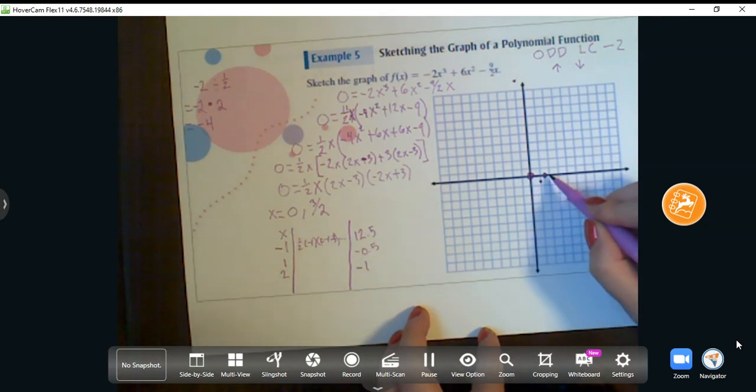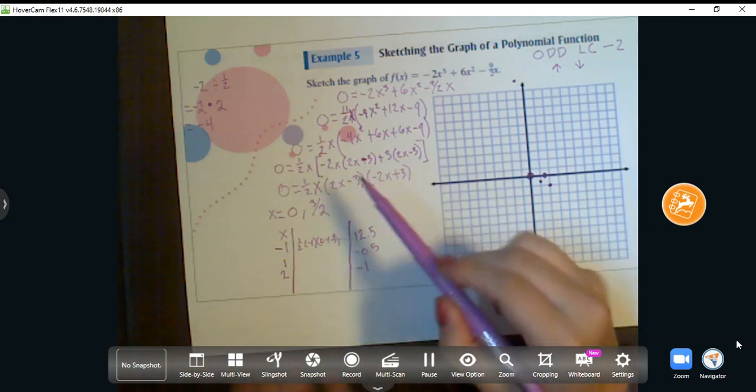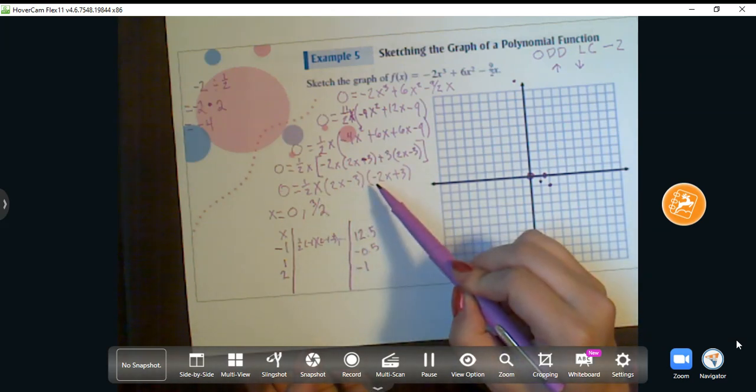And then 2, -1. Now, the other thing that we need to take into account are multiplicities of our zeros. So notice that I don't technically have a squared here.